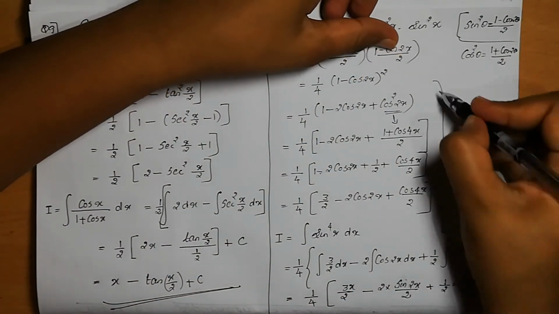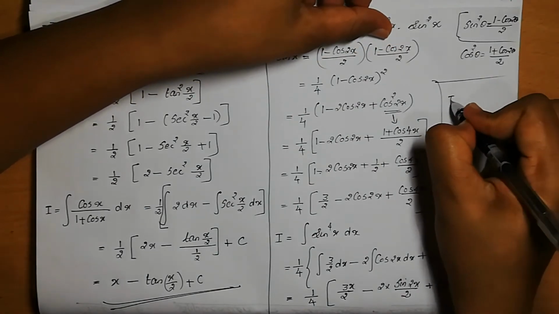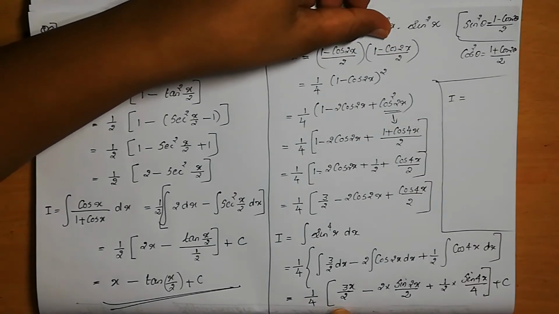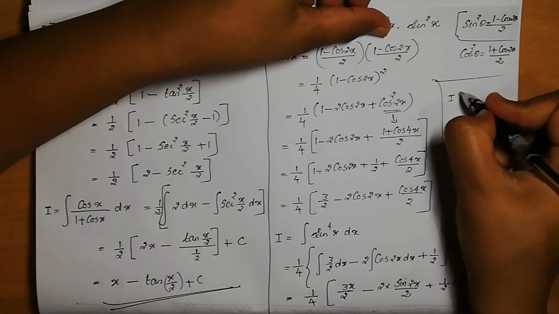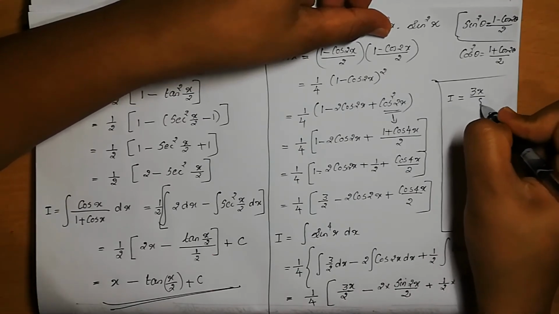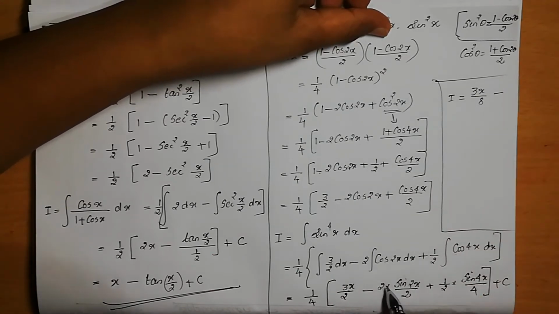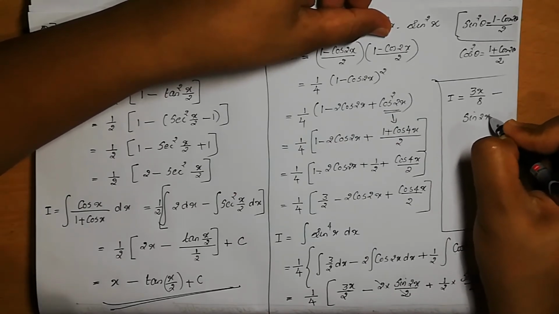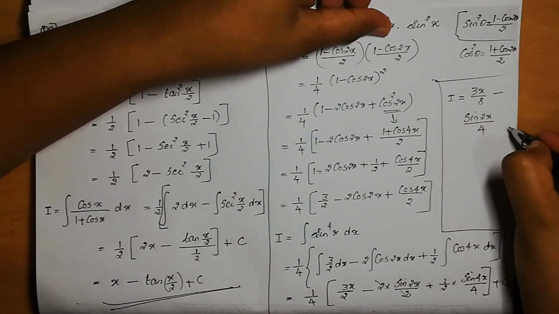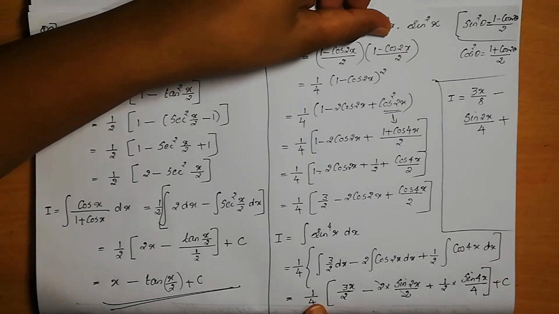So after that we can write I equal to this one, 1 by 4. With 1 by 4 we can open the bracket also. So 1 into 3x is 3x by 8, minus this one. This 2 and 2 will cancel. So what is remaining? Minus sin 2x by 4, plus this one, 1 by 4 into 1 by 2 into 1 by 4.